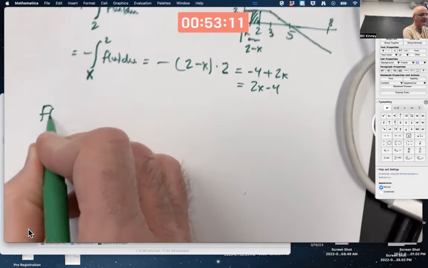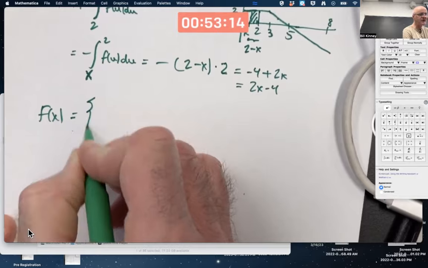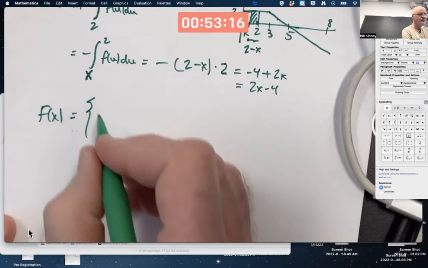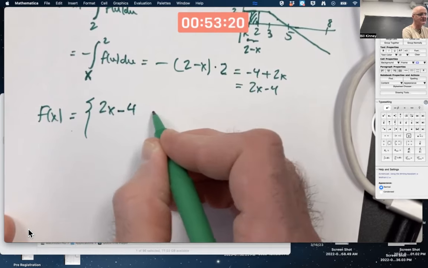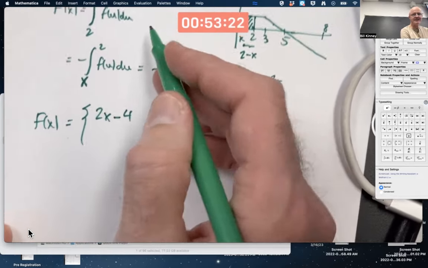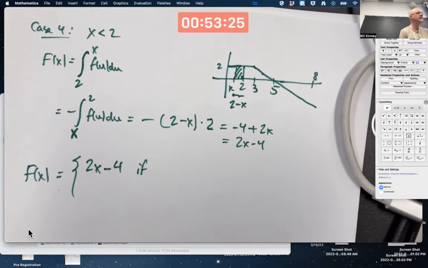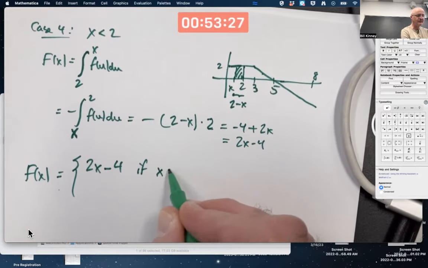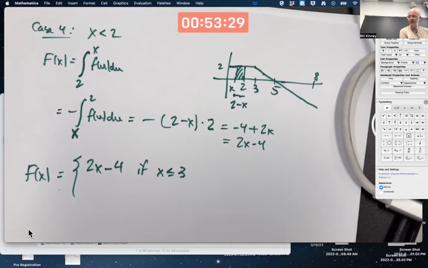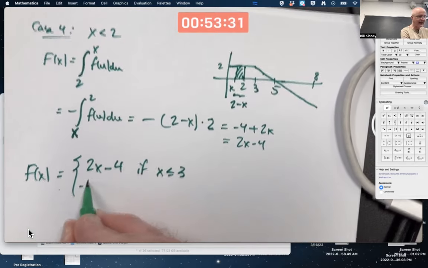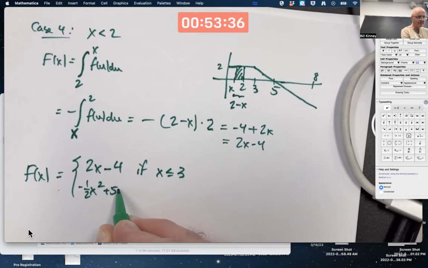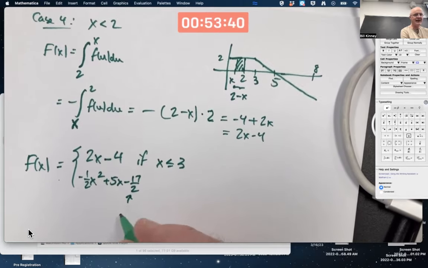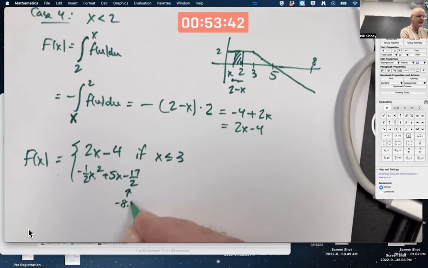If I write capital F of x as a piecewise function in simplest form, in case 1 and case 4, we found that F of x equals 2x minus 4 if either x is less than 2 or if x is between 2 and 3, meaning if x is less than 3. And we found it was that quadratic, negative 1/2 x squared plus 5x minus 17 halves. If you like, minus 17 halves is the same as negative 8.5.